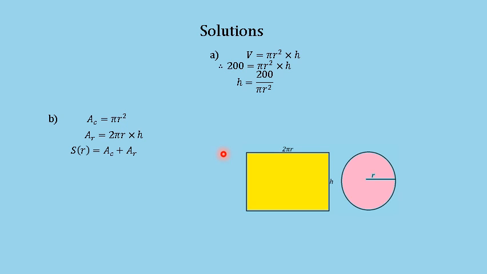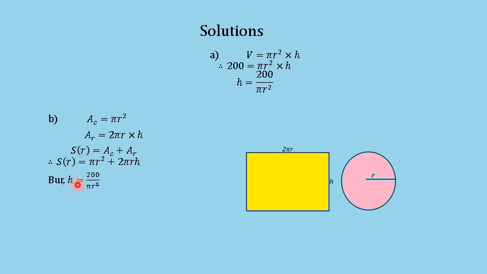Now we determine the surface area. You must remember that the surface area is the sum of the areas of all the faces. So here I'm adding the area of the circle plus the area of the rectangle. Therefore, we have S of r equals pi r squared plus 2 pi r h.